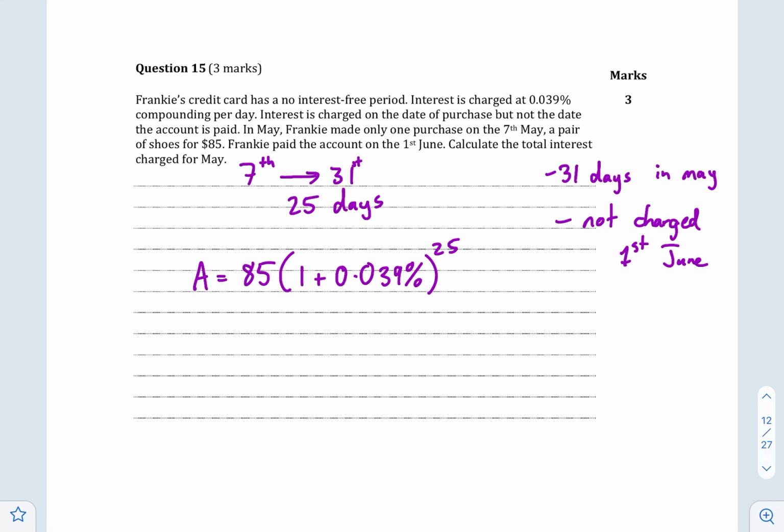When we type that into the calculator, we get $85.83, and so on. But we want just the interest. So the interest is going to be 85.8326 minus 85. So the total amount of interest is $0.83.